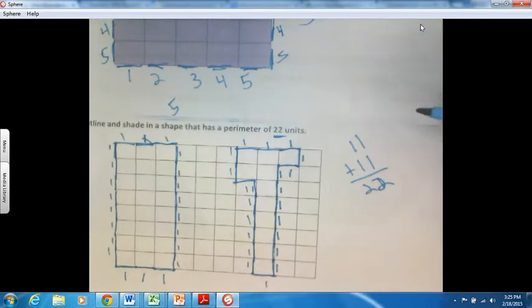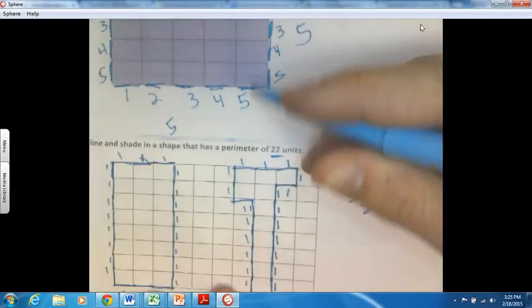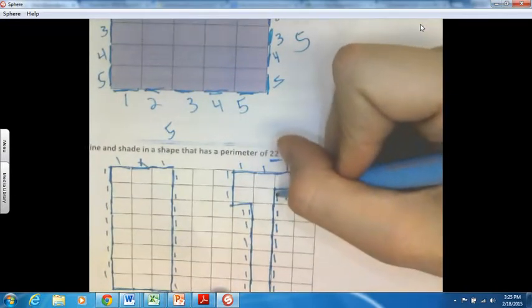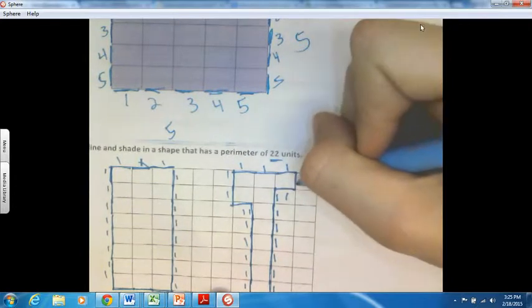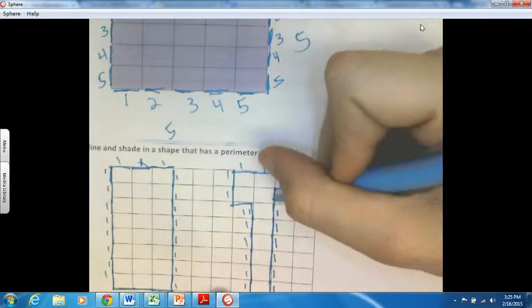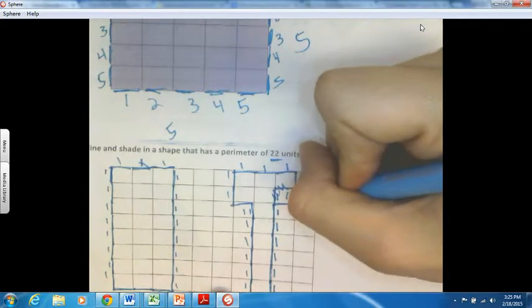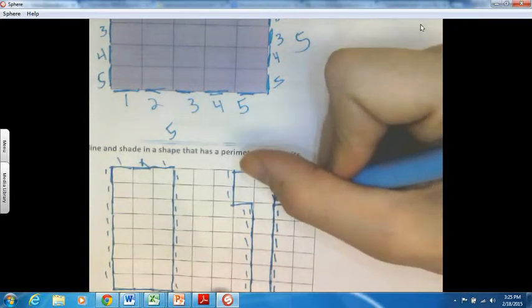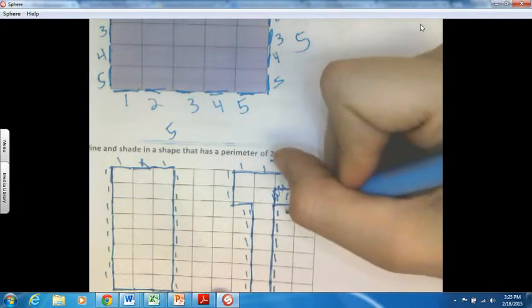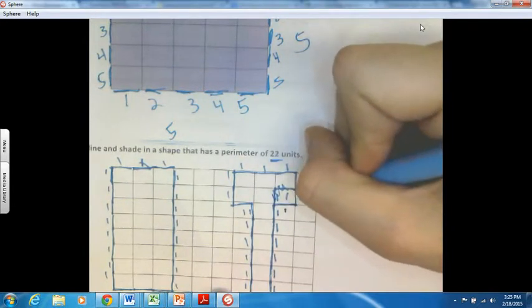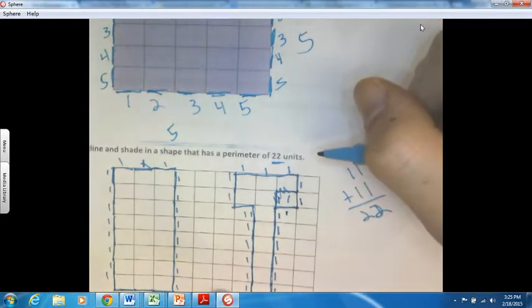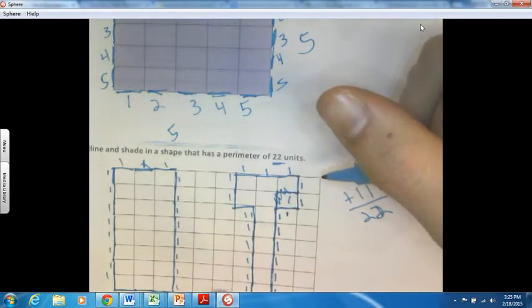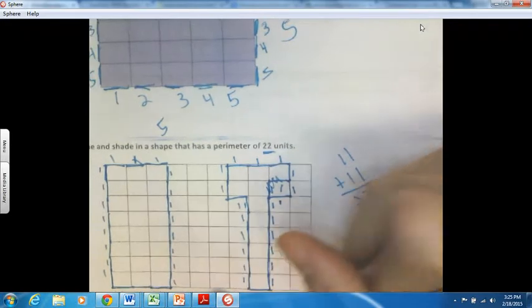Oh, and I got to the end and it wasn't enough, right? So then what I'm going to do is switch. Instead of putting it here, I'm going to go like this. So I took away 2 sides, so that gives me 19, 20, 21. That's still not enough, right? So then I need to go out even further.